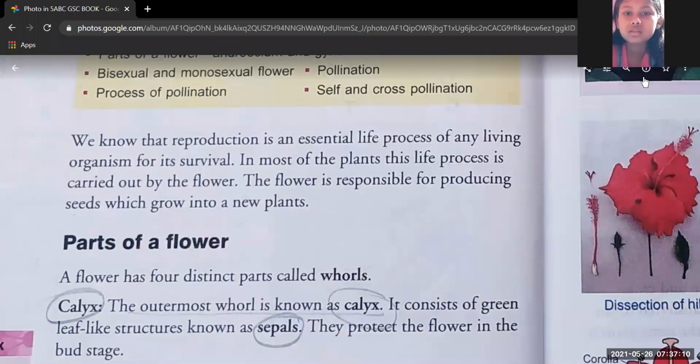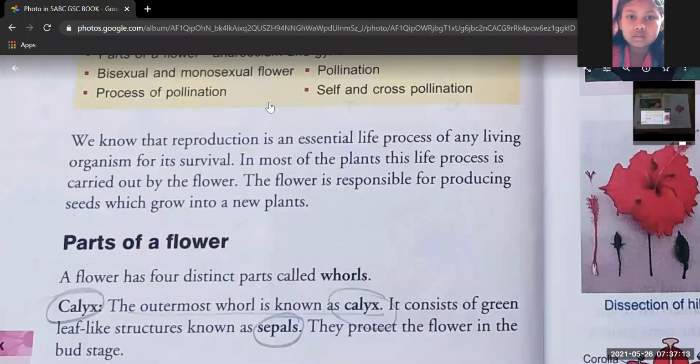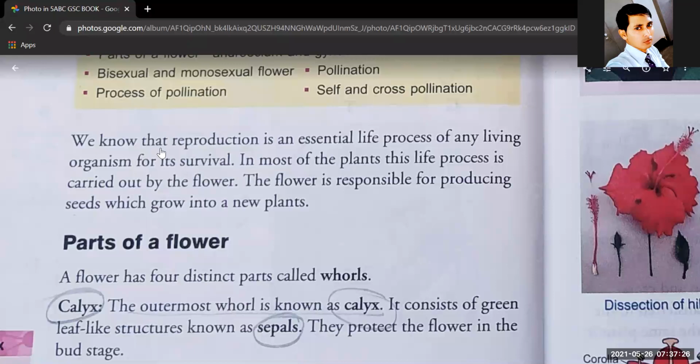No, sir. Okay. We know that reproduction is an essential life process of any living organism for its survival. Reproduction is the most important part of life for all human beings and living organisms. In most plants, this life process is carried out by the flower only.